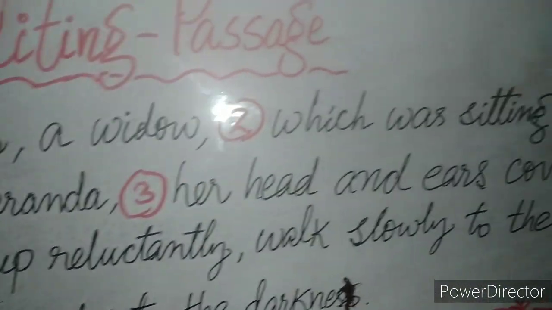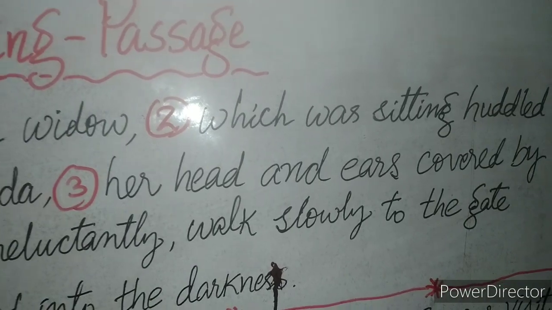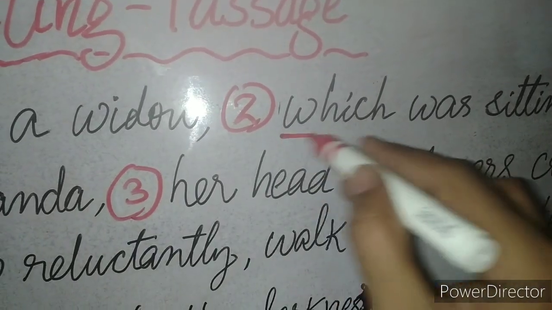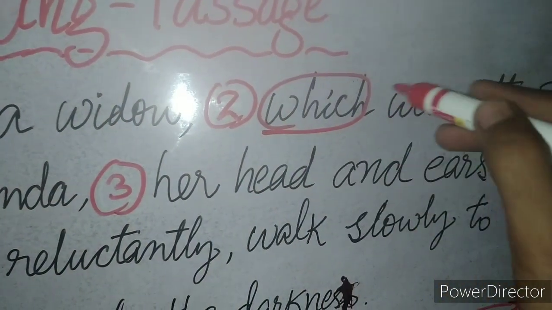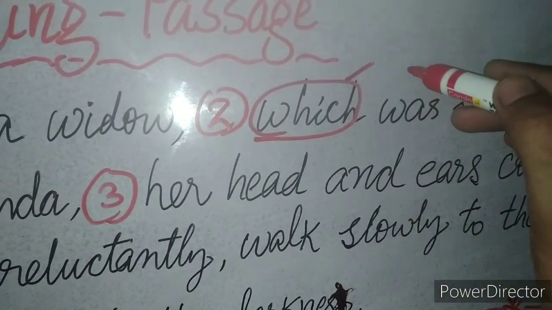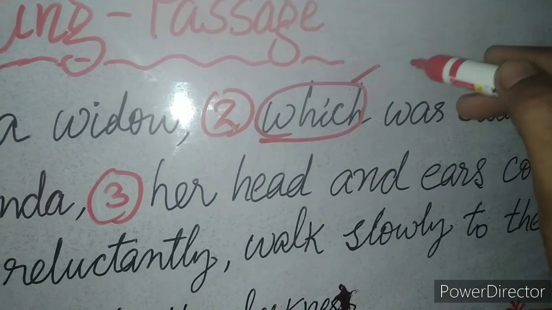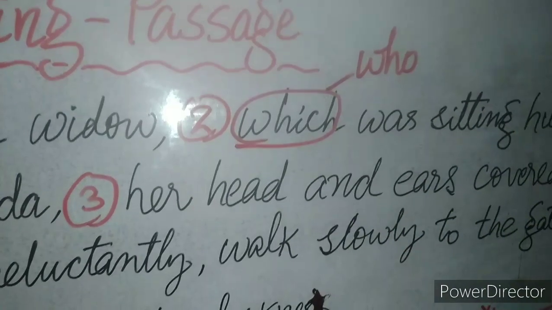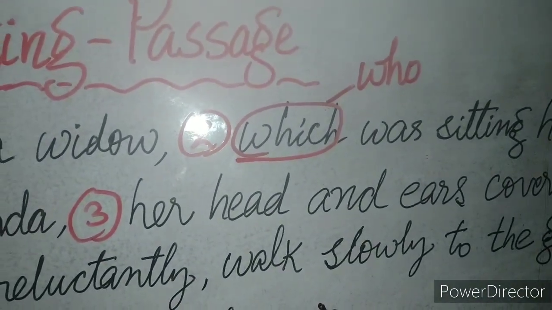A widow who was sitting huddled up on the thinna on the veranda. Here, which was, actually which is used for objects and items, but here we have to use who. Here who becomes a relative clause.